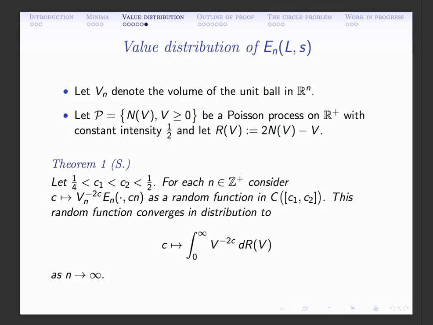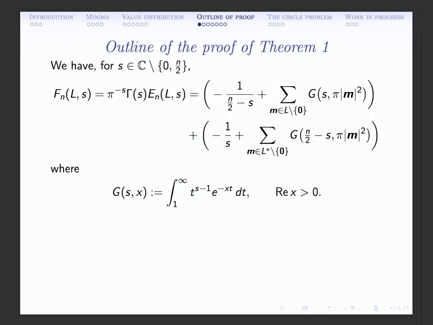And how do these things fit together? So what I really want to tell you about towards the end are some approaches towards understanding what's going on at the central point. But in order to address that question, I need to tell you something about the proof.